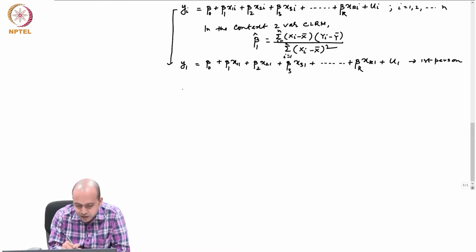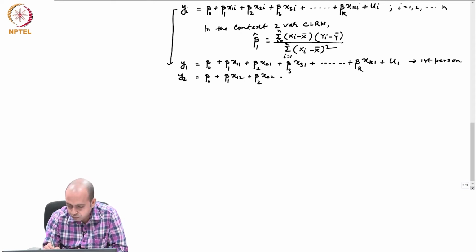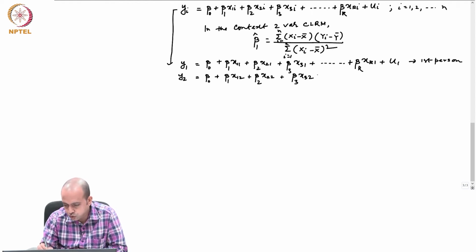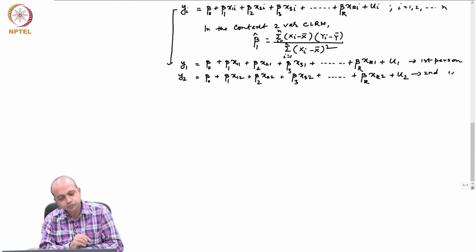Then I will write the same equation for the second person, and it will look like y2 equals beta 0 plus beta 1 x12 plus beta 2 x22 plus beta 3 x32 plus beta k xk2 plus u2, that is for the second individual, second person.